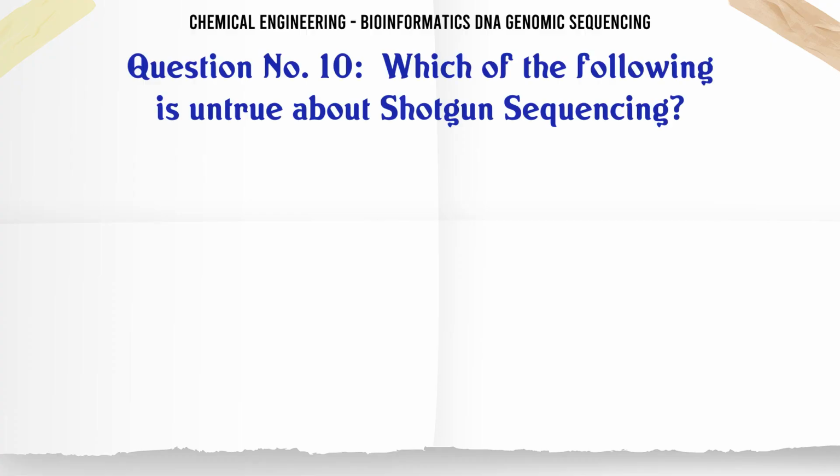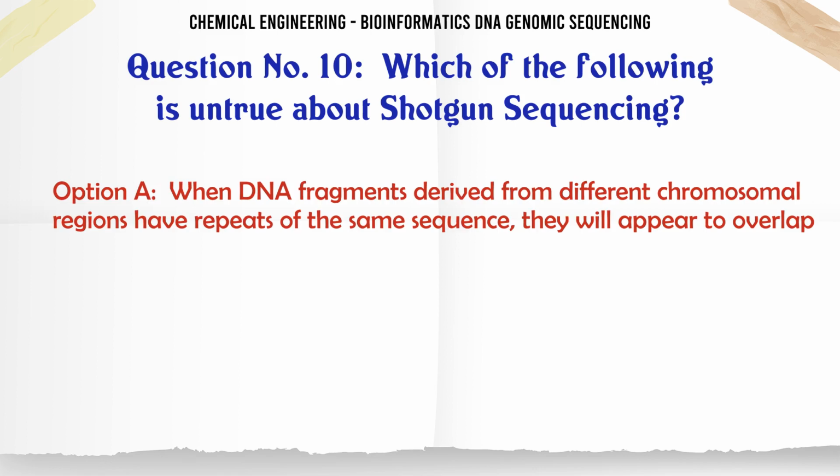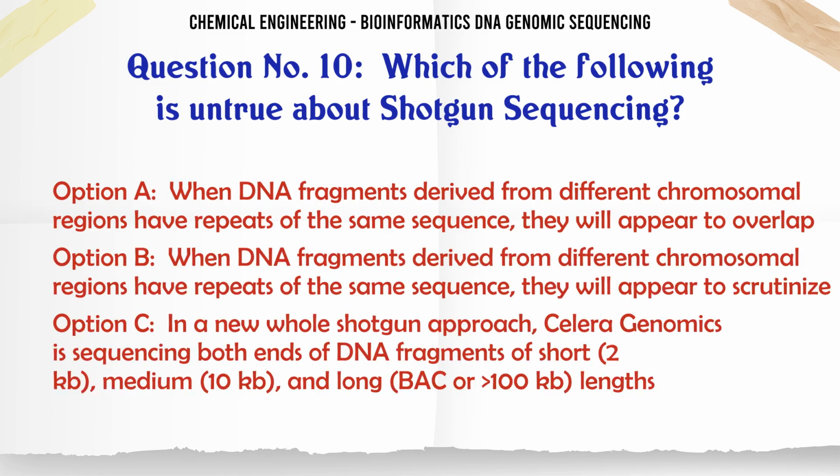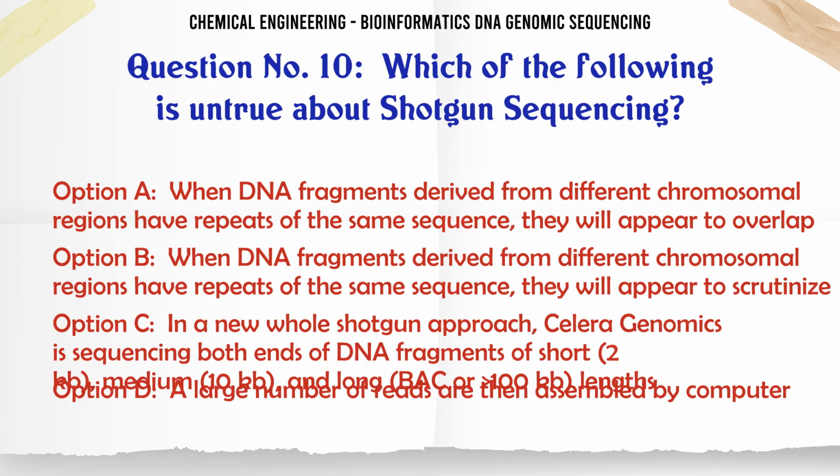Which of the following is untrue about shotgun sequencing? A. When DNA fragments derived from different chromosomal regions have repeats of the same sequence, they will appear to overlap. B. When DNA fragments derived from different chromosomal regions have repeats of the same sequence, they will appear to scrutinize.